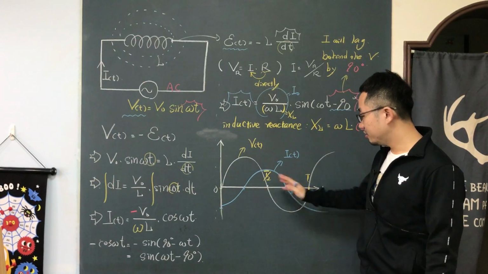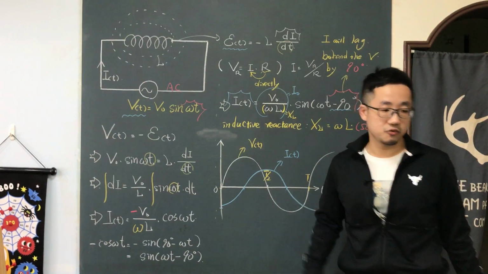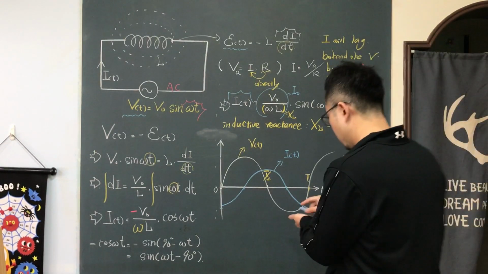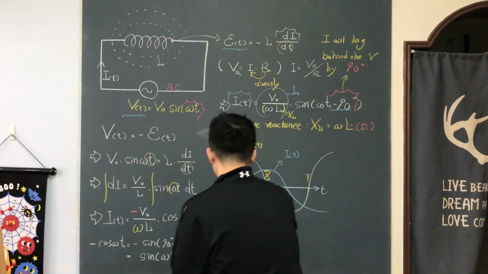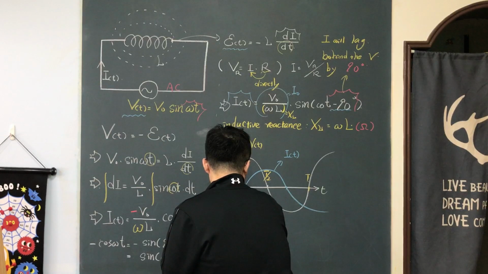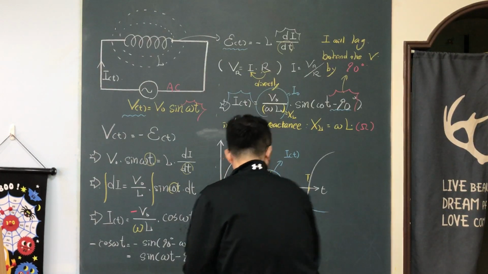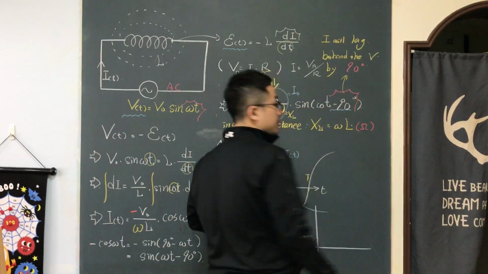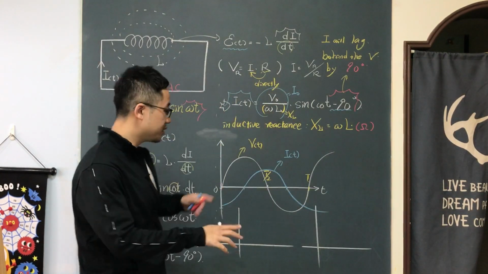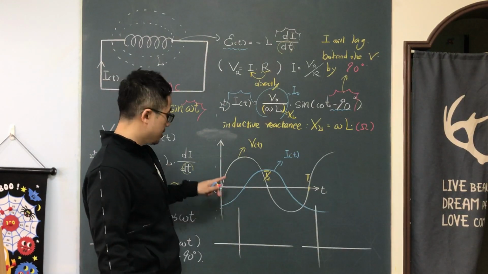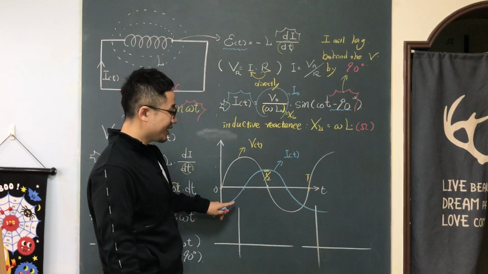Let me see if I have enough space to draw it. Okay, I do have some space, but it needs to be smaller. This is the Phasor diagram. There is no specific symbol needed on the y-axis or x-axis.